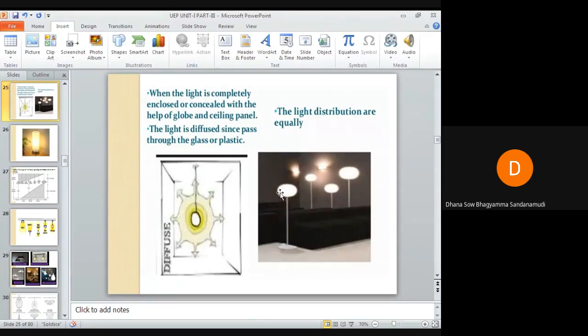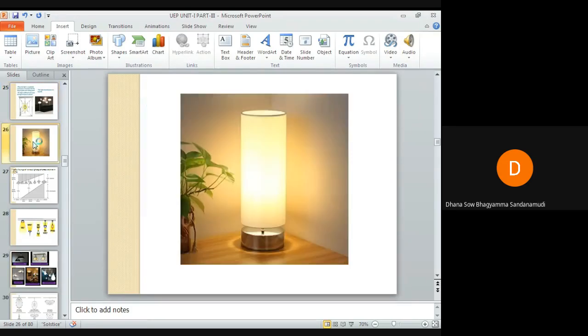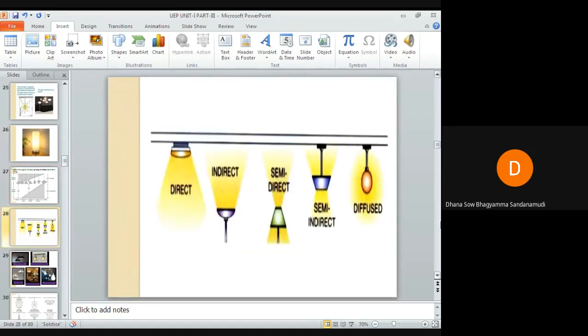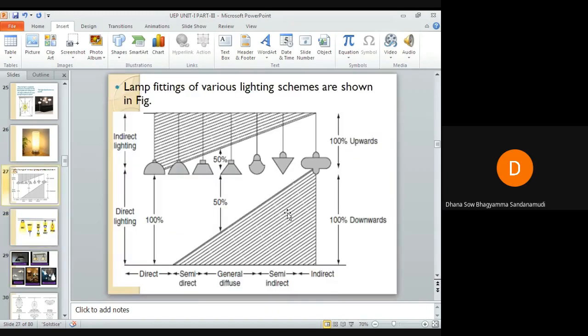A diffused glass will scatter the light rays when they enter that glass. So whatever comes out from this diffused glass will be distributed evenly into the room. This is one more example of general lighting. Actually, students should draw this.